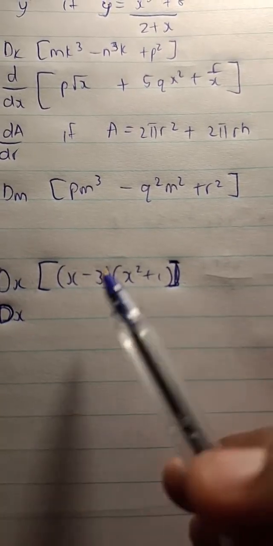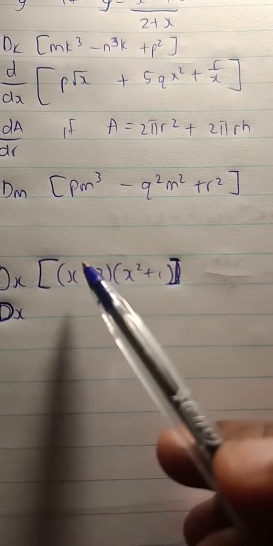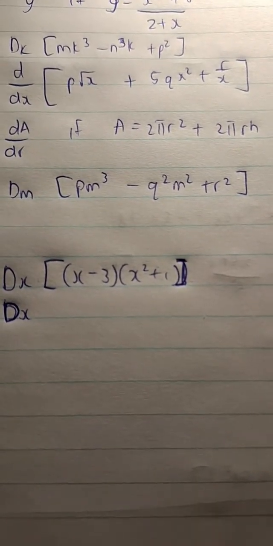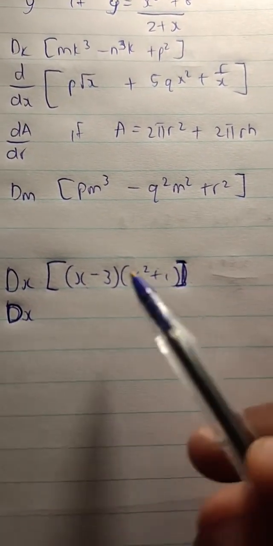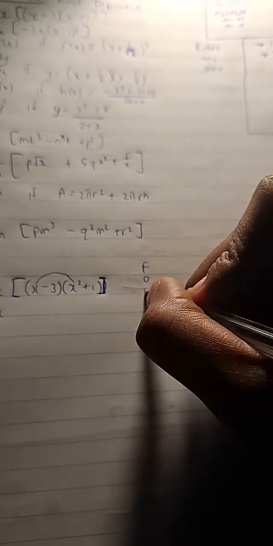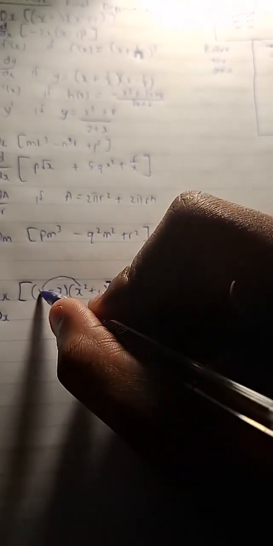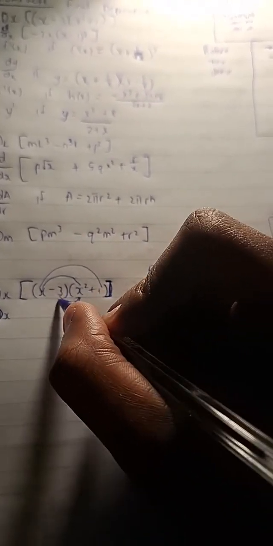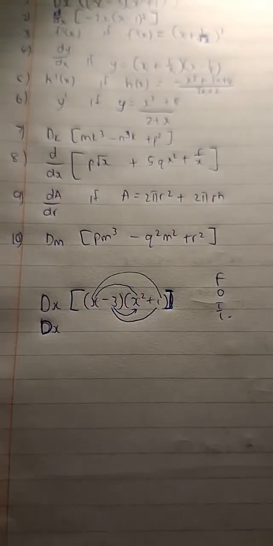Now, brackets mean multiply in mathematics. Brackets mean multiply. And in grade 9, you learned that a binomial times another binomial can be simplified further. We can expand this here. So how do we expand it? All we simply do is we apply a method called FOIL, where we multiply the first terms, we multiply the outer terms, we multiply the inner terms, and then we multiply the last terms.